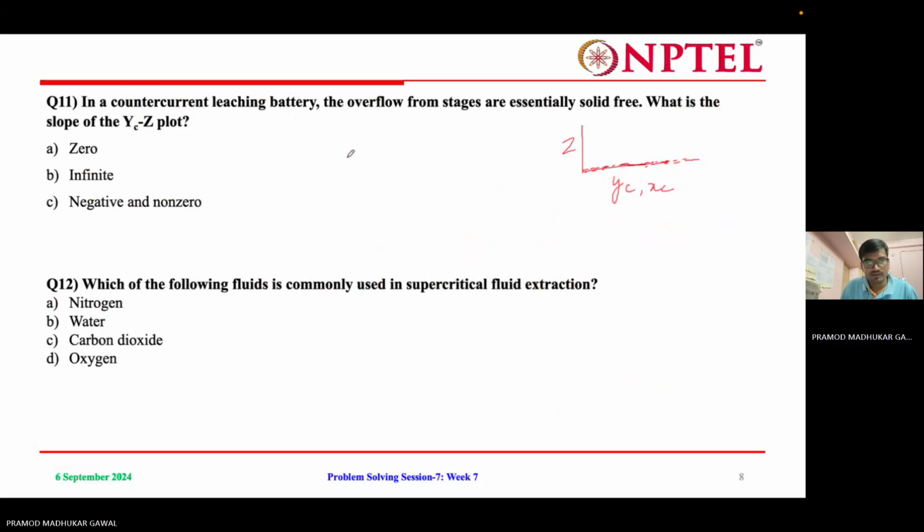The slope is y2 minus y1 divided by x2 minus x1. So here y is 0, and for example the difference is 5 or 4; if the difference is 5, it is 0.